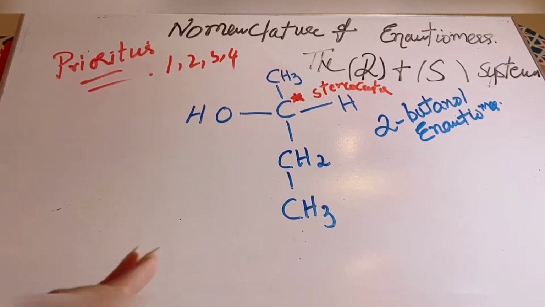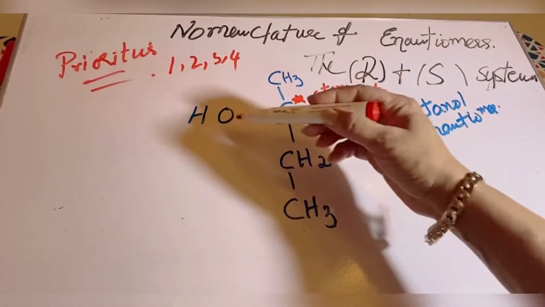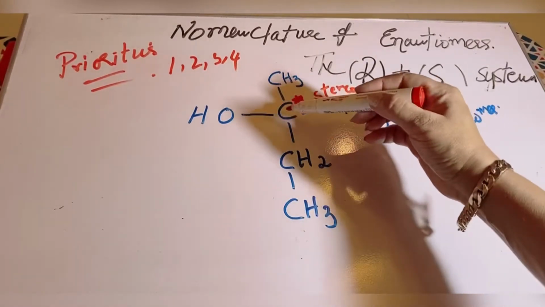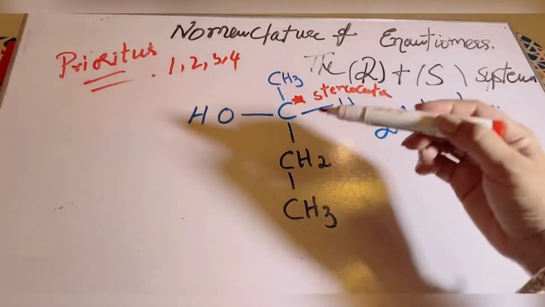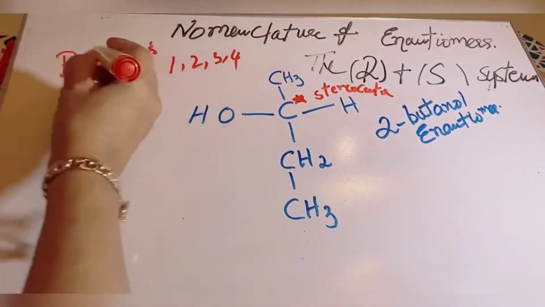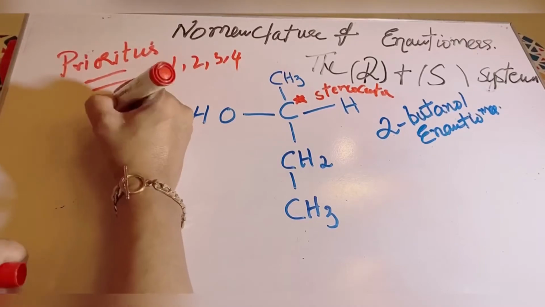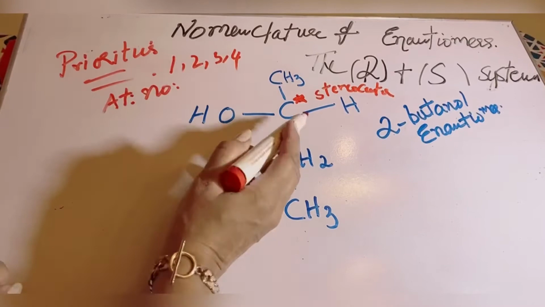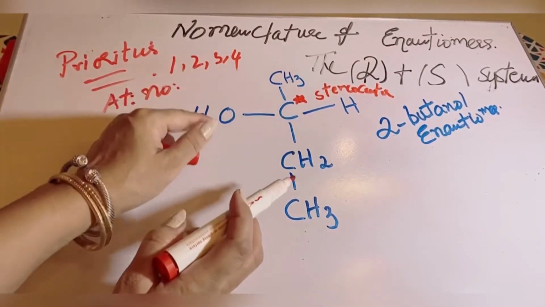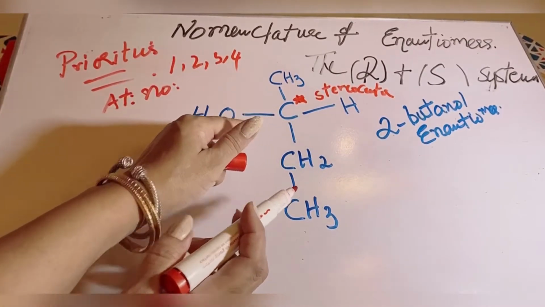Now what are these priorities, what does that mean? It simply means that you will give the priorities by looking at the atomic numbers of these 4 atoms that are directly attached to this stereogenic carbon, right? You are going to look for the atomic numbers of the atoms directly connected to this stereogenic carbon atom.